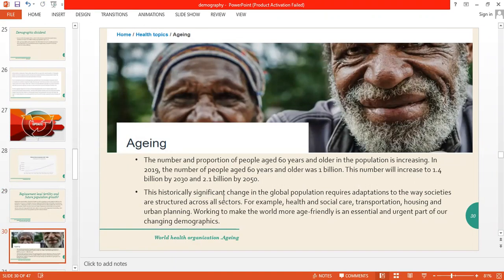This historically significant change in the global population requires adaptation in the way societies are structured across all sectors, for example, health and social care, transportation, housing, and urban planning. Working to make the world more age-friendly is an essential and urgent part of our changing demographics.